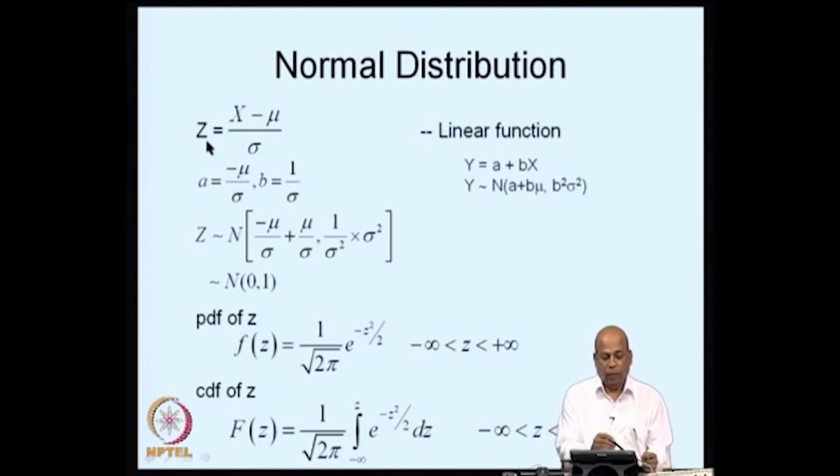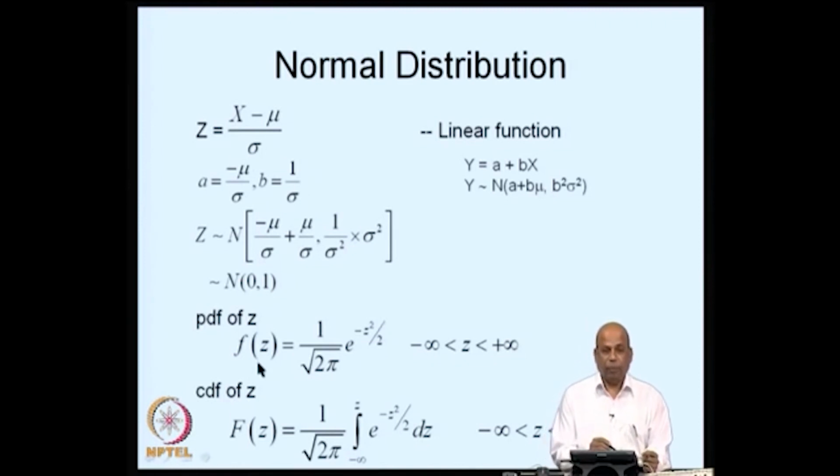So, once we define z, we define the PDF of z. Because z follows a normal distribution, we obtain the PDF of z as 1 over root 2 pi, sigma is 1, therefore we do not write sigma here, e to the power minus z minus mu the whole square by 2, and mu is 0 here, therefore, you get e to the power minus z square by 2, and z varies between minus infinity to plus infinity, because x varies between minus infinity to plus infinity.